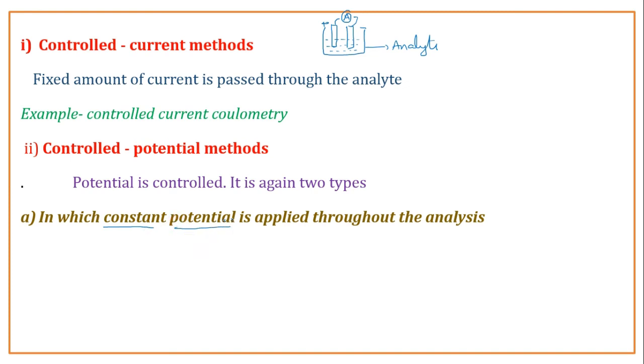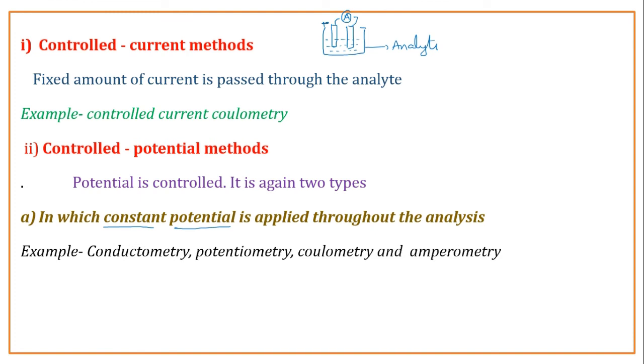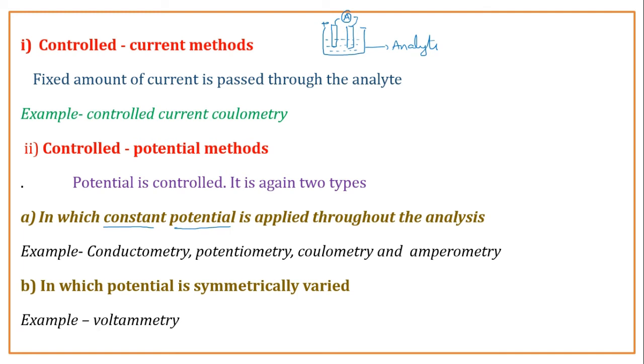Examples are conductometry, potentiometry, coulometry, amperometry. In the second one, the potential is symmetrically varied. Example, voltammetry. So friends, this is a simple introduction about electroanalytical techniques.